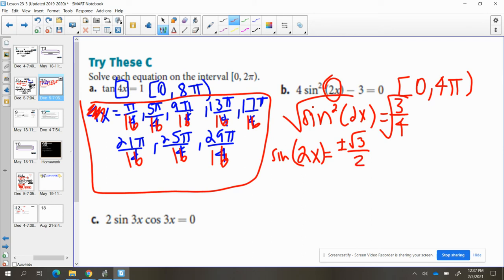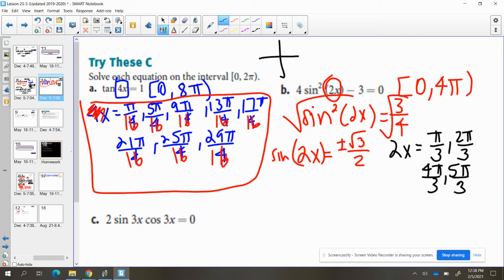Okay, so normally from 0 to 2 pi, our answer would be all the family members of pi over 3, right? So normally it would be pi over 3, 2 pi over 3, 4 pi over 3, and 5 pi over 3, because that would be 0 to 2 pi. But now we also need to go one more quadrant beyond, right?